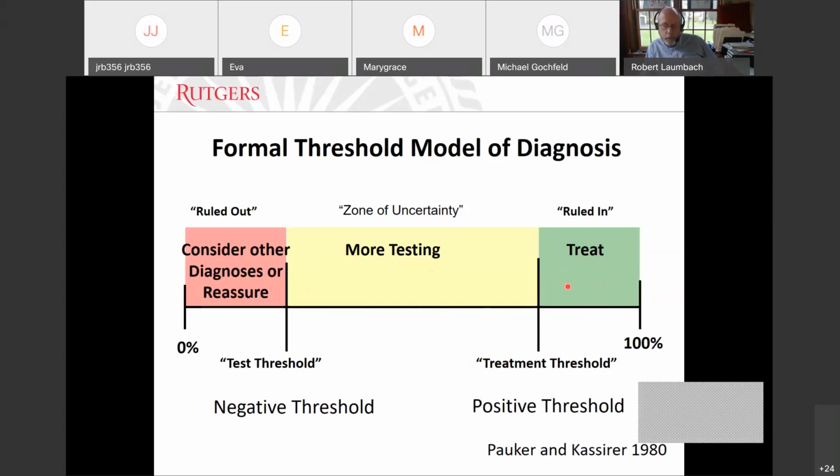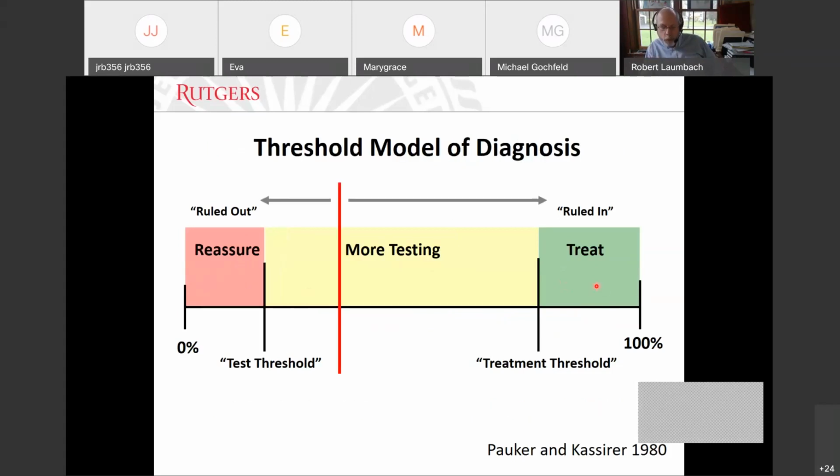And this is important for COVID-19, where if someone has pneumonia and they have a fever and they live in an area where COVID-19 is epidemic, they've had contacts, then maybe we don't need to do even a PCR test. Or if we did and it came back negative, it doesn't mean anything to us anyway. So again, we want to move that threshold by doing tests, and we're going to do more testing only if we're in the zone of uncertainty here.